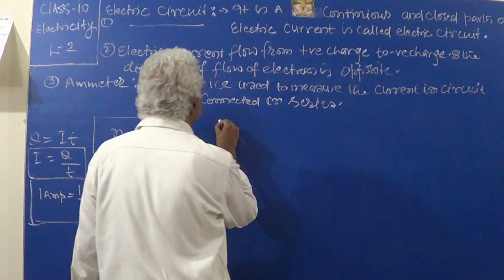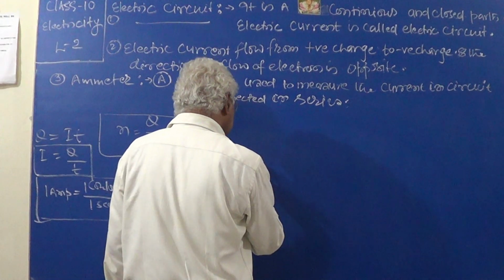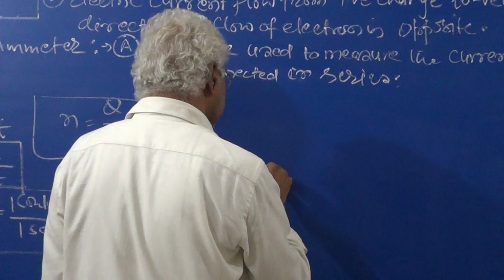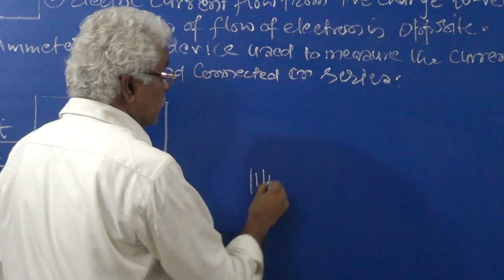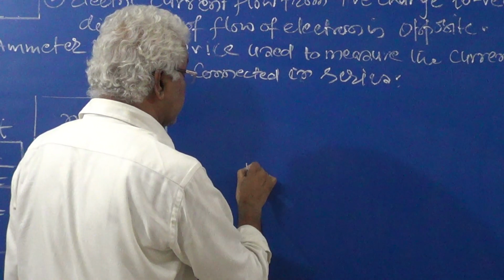How can you represent the circuit? Electric circuit you can represent like this. It is a battery we are giving. The larger line is positive.